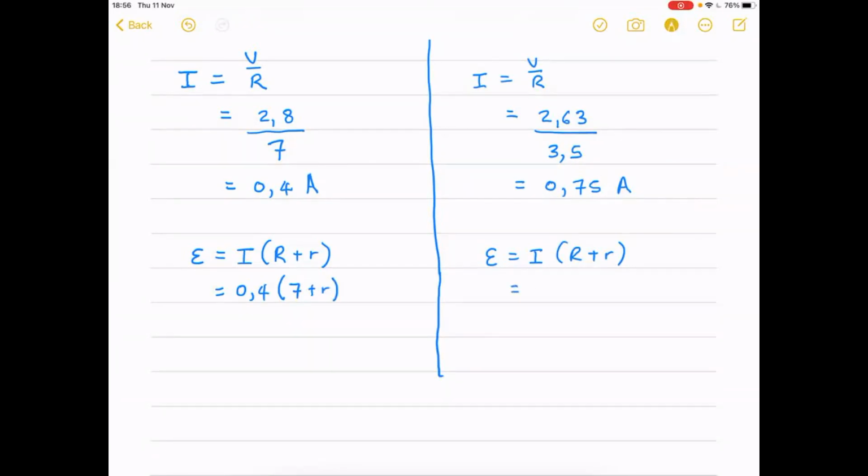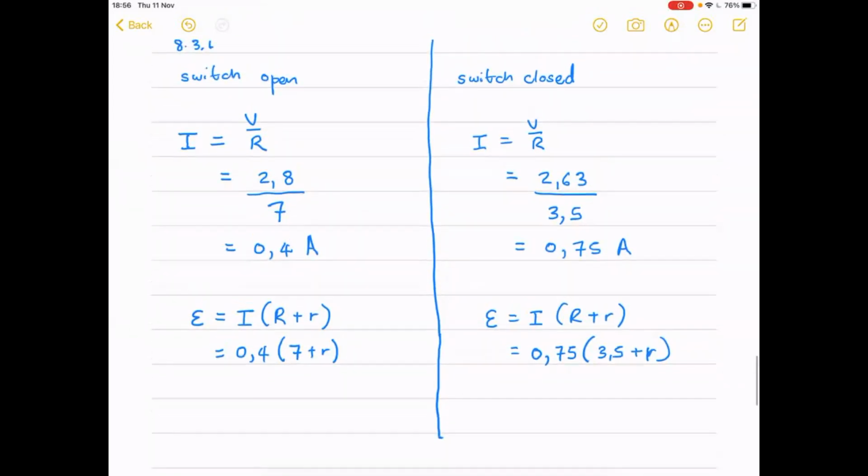On this side, we just calculated the current to be 0.75. The external resistance is 3.5 plus R. Now when we have these two equations, one for switch open and one for switch closed, there are two equations for the EMF, but it's the same battery, so it is the same EMF.